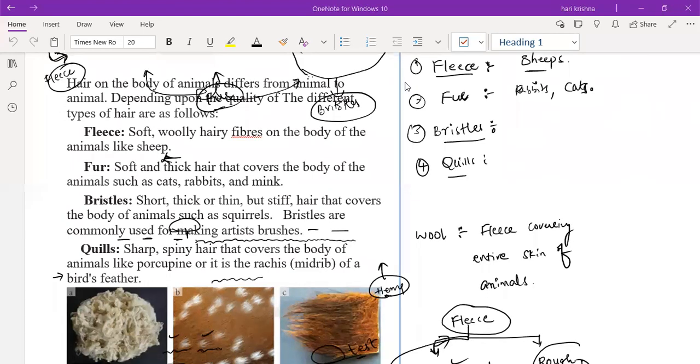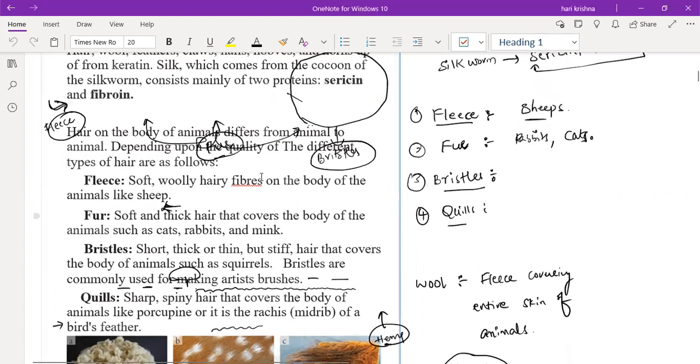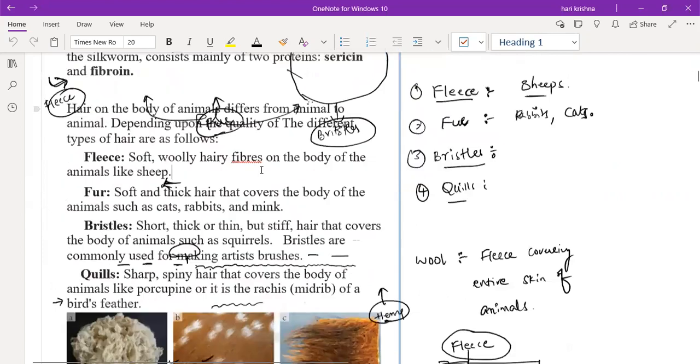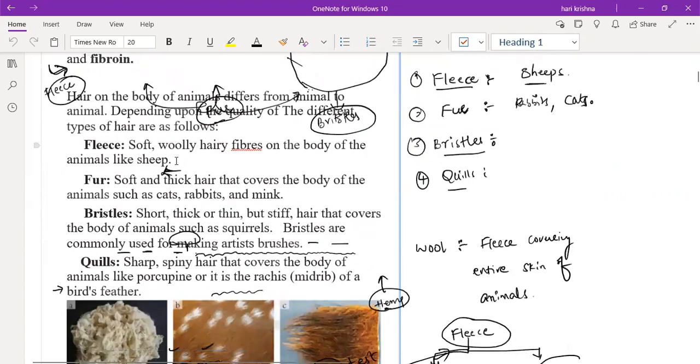So can we say feathers are a fiber? You have domestic animals, so hen also. We cannot make fiber out of the feathers. Okay, sir.